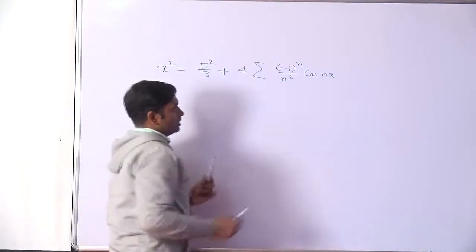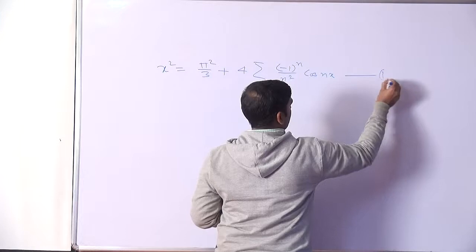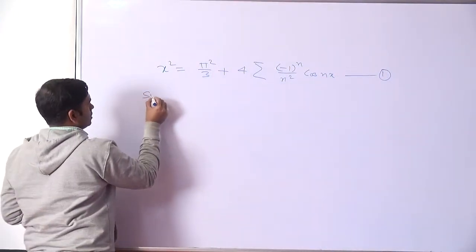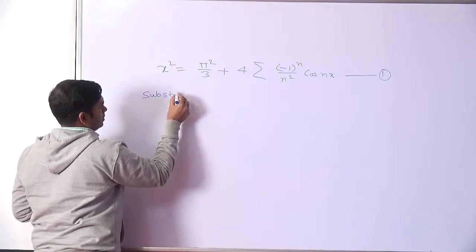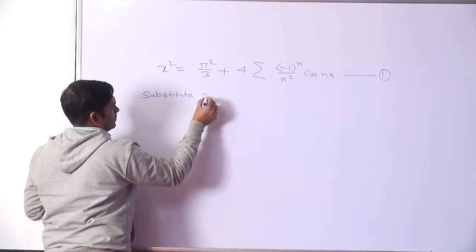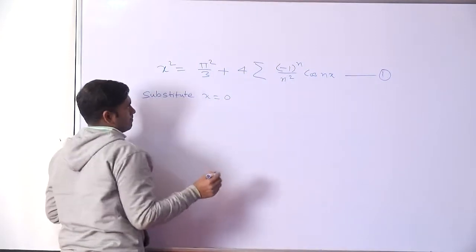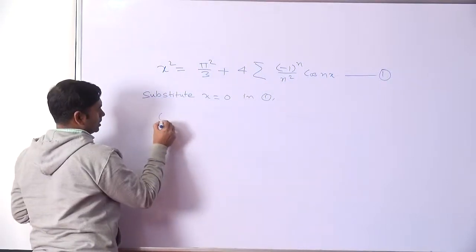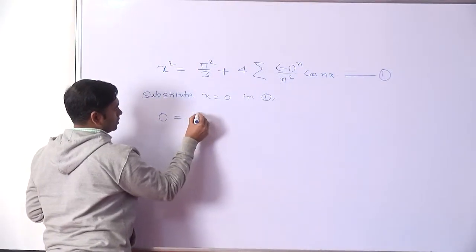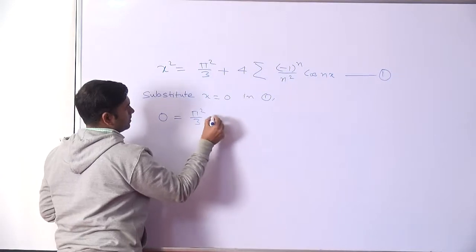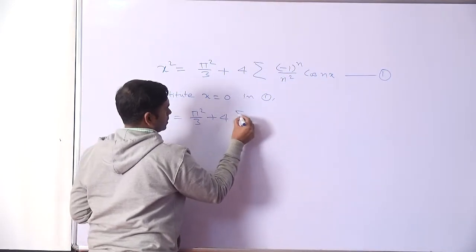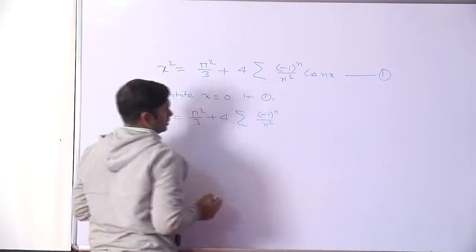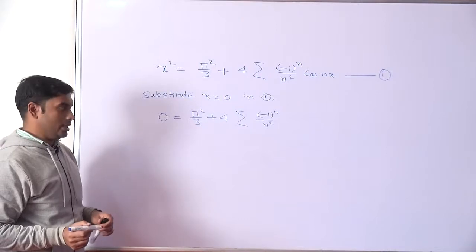Now put this as equation number 1 and substitute x = 0 in 1. Then we get 0 = π²/3 + 4 Σ (-1)^n/n² cos 0, which is 1.